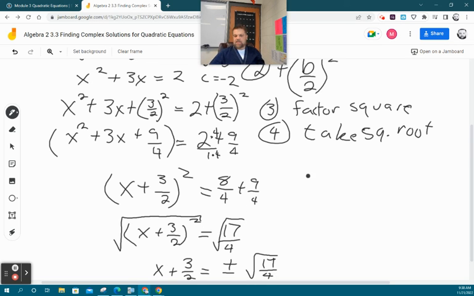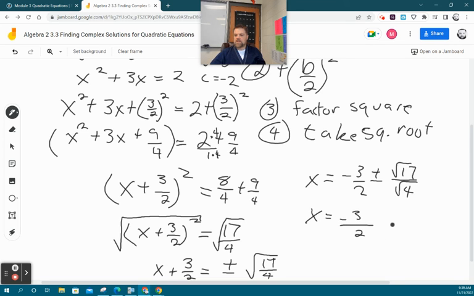So then in the next step, I'm going to subtract 3 over 2, so I get x equals minus 3 over 2 plus or minus the square root of 17 over the square root of 4. Now I wrote it that way on purpose. What's the square root of 4?